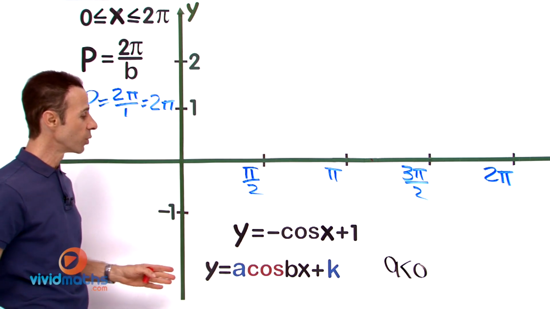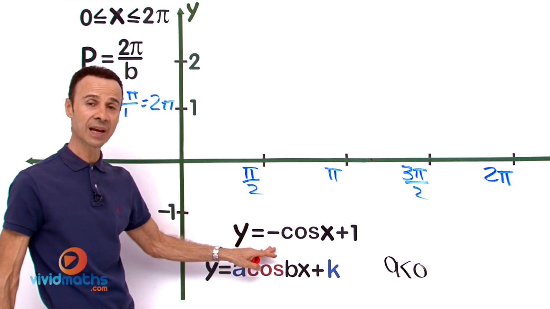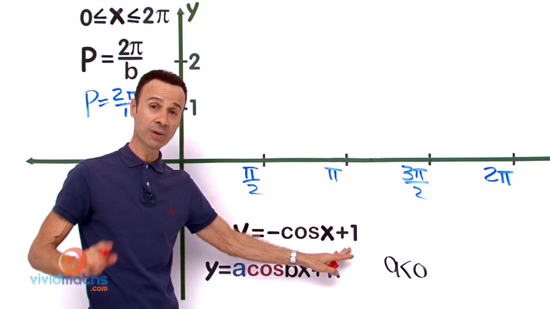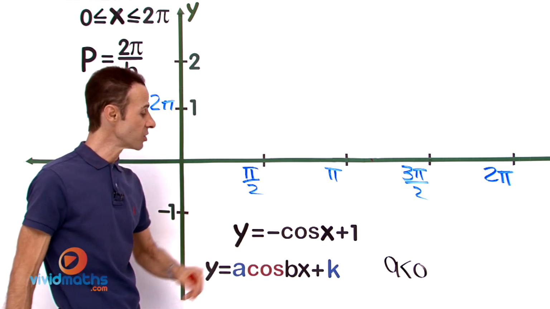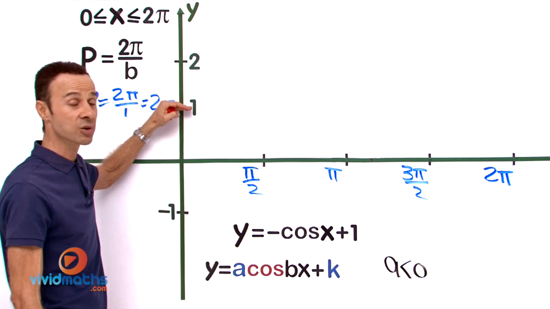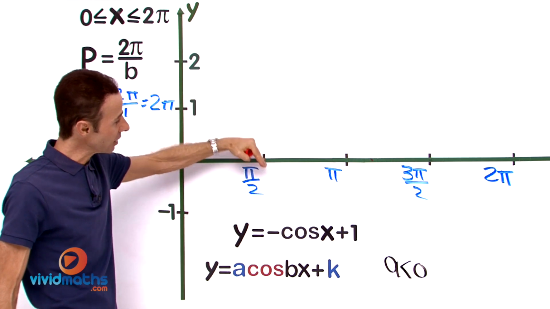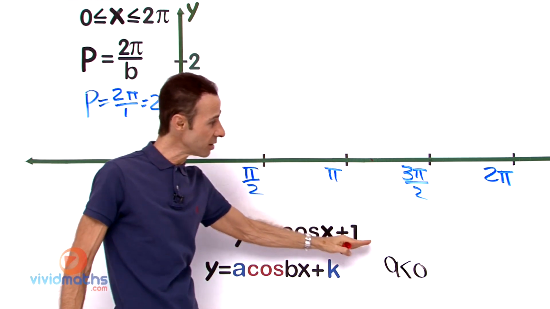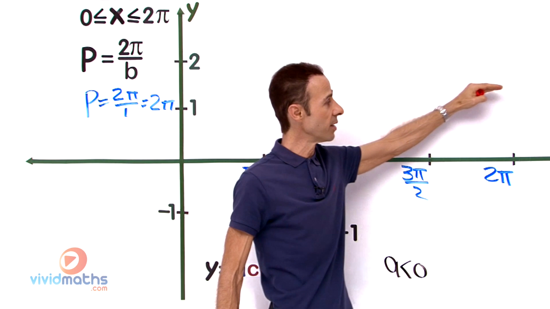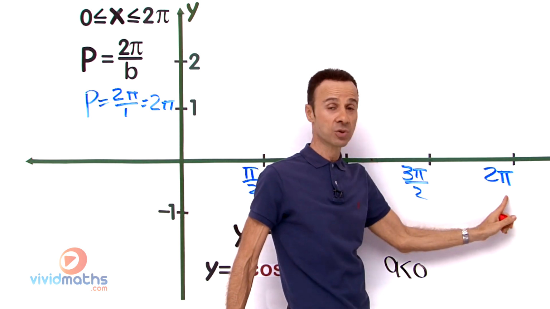First off, we have y equals negative cosine x. We're just going to focus on plotting that left-hand side and ignore the plus 1 for now. Conventionally, cosine x would start at 1 because cos of 0 is 1. It would go down, cut through pi on 2, go under, go back up through 3 pi on 2, and then be at 1 again at x equals 2 pi.